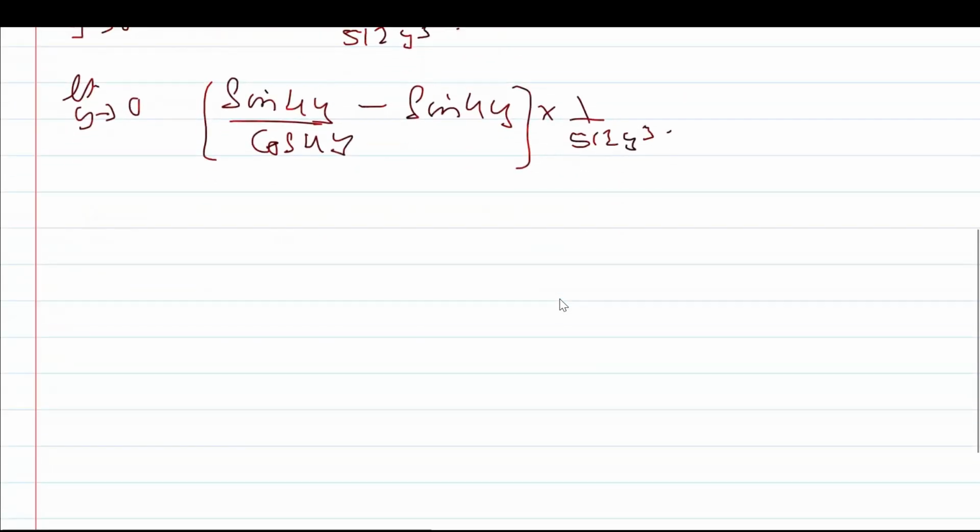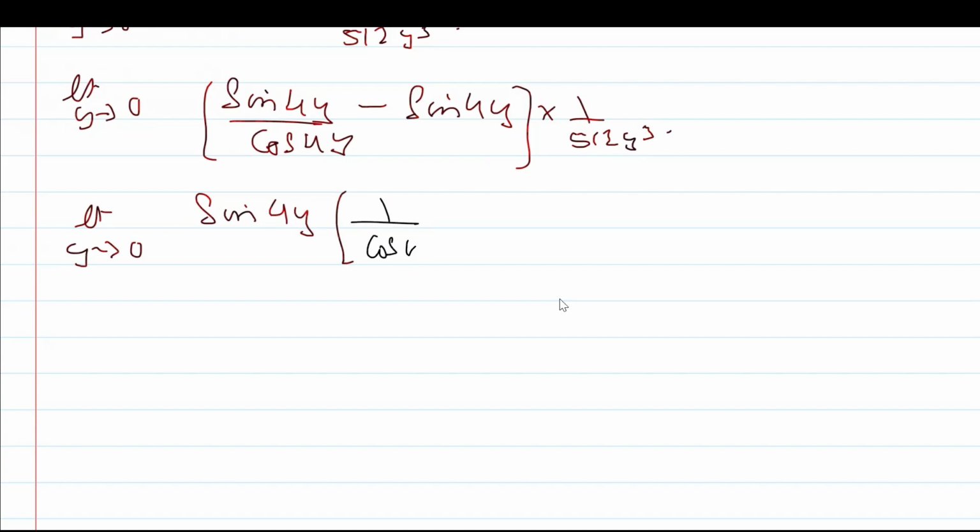Now in the next go, what I'm going to do is to take sine 4y as common. So this is limit y tends to 0. If I take out sine 4y as common, we get what? 1 over cos 4y minus 1, and outside we have the same 512 y raised to the power 3.